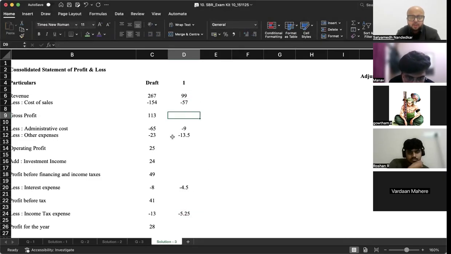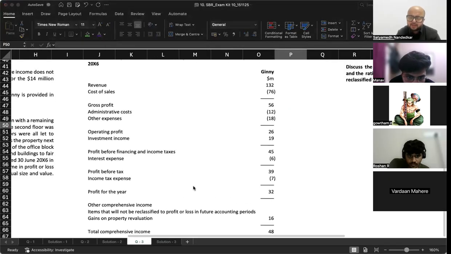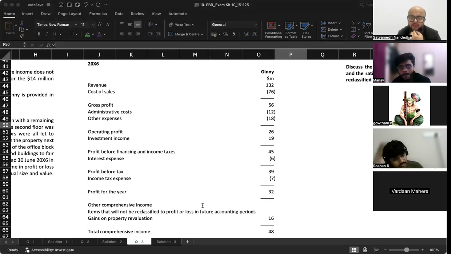Now, these are the straightforward adjustments in the question. Now, there are certain errors, so to say, that have happened. Will 16 also come? Which one? OCI is below. We'll look at OCI later, first let's complete the P&L part. And there are certain errors or adjustments that we'll have to tackle.